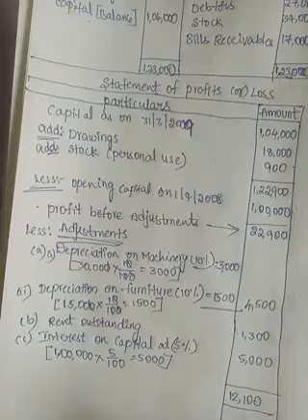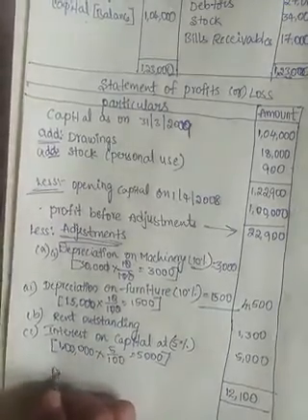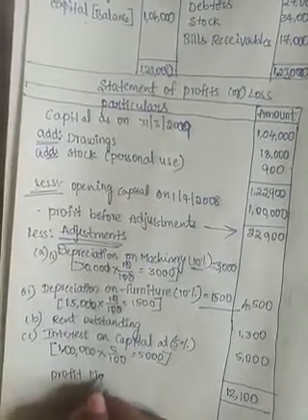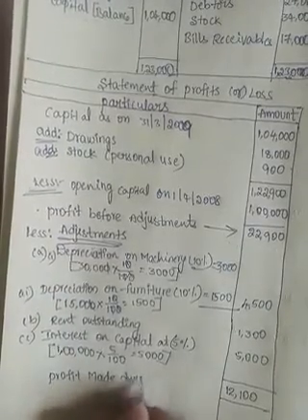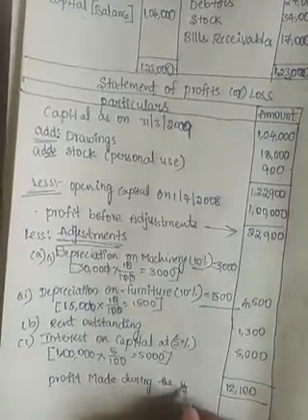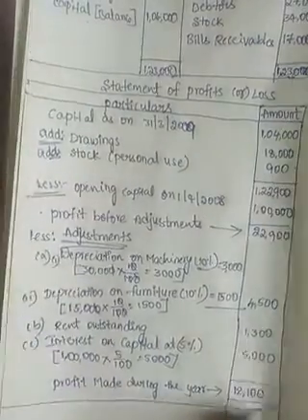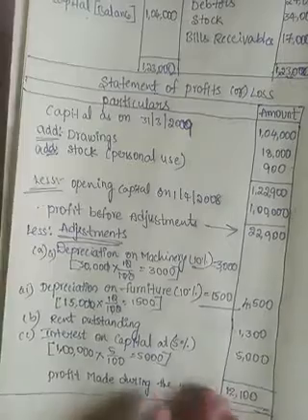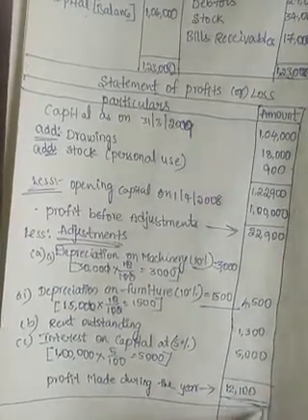This 12,100 is known as the profit made during the year. This is the statement of profit or loss. The profit we are getting is 12,100.